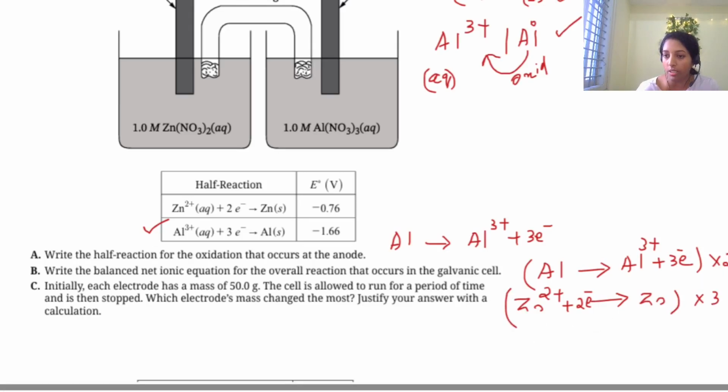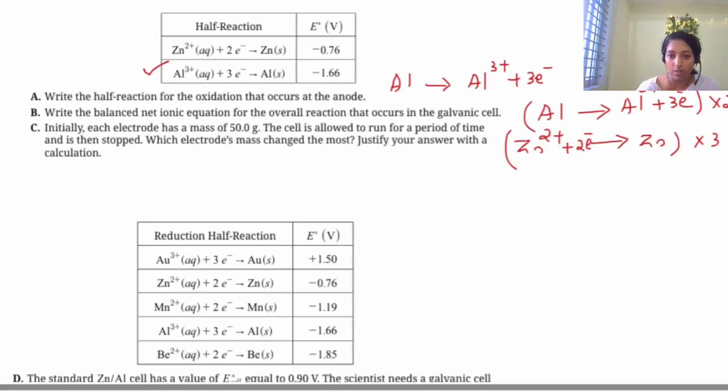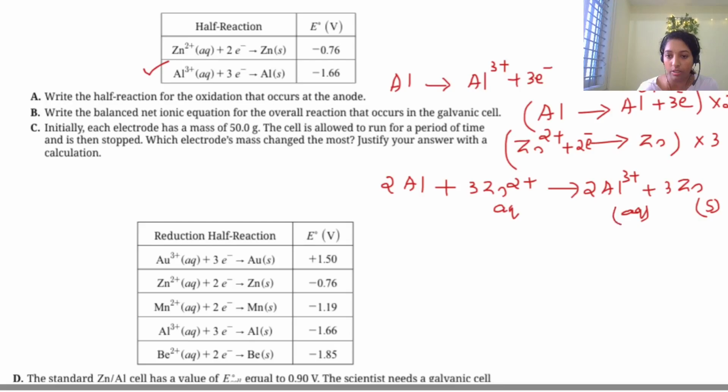So overall: 2Al + 3Zn2+ gives 2Al3+ + 3Zn. The electrons cancel out. This is the total reaction: Al is solid, Zn2+ is aqueous, Al3+ is aqueous, and Zn is solid. So that's the whole reaction.